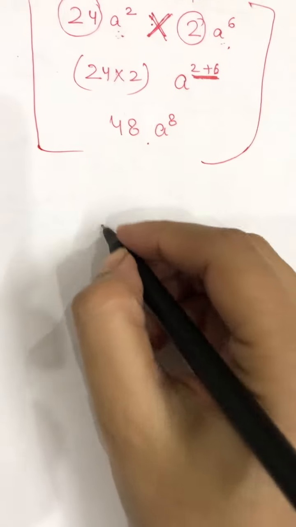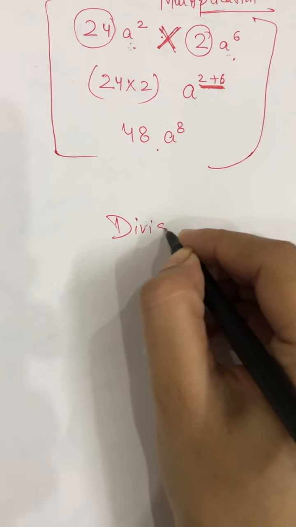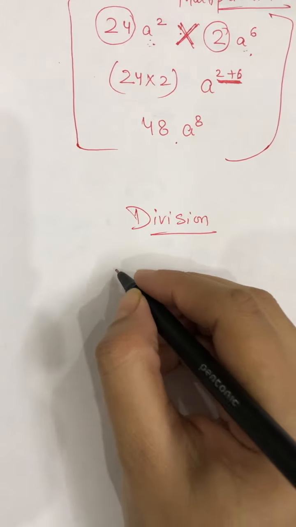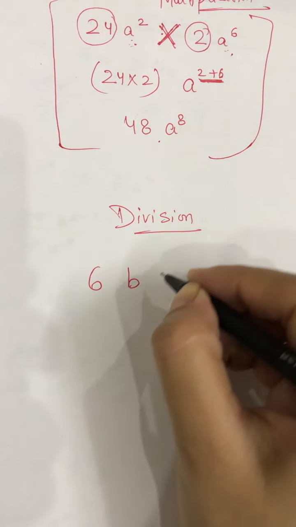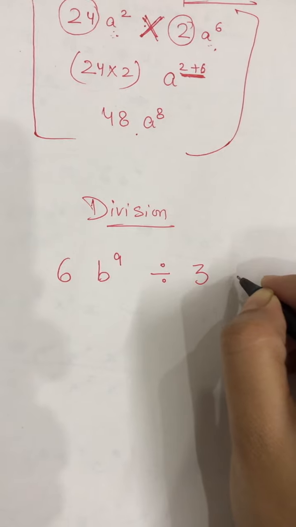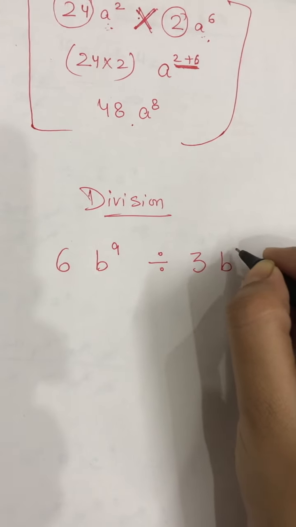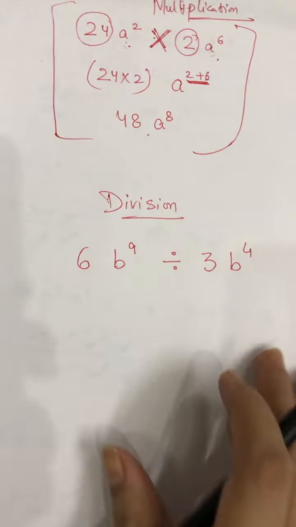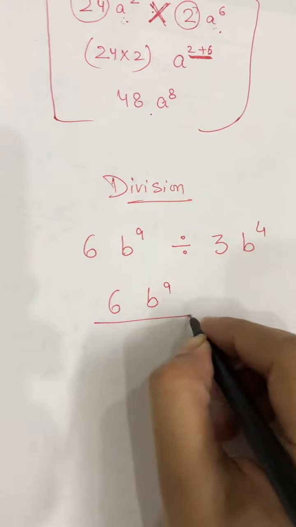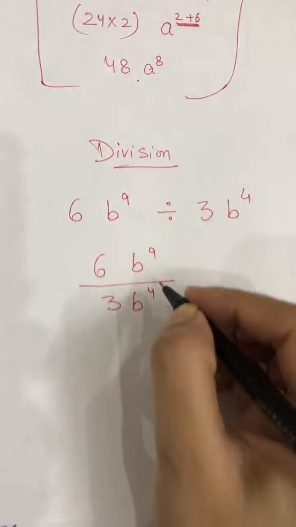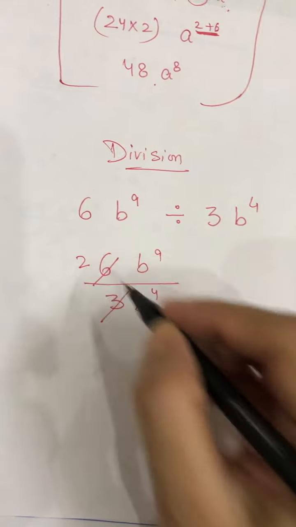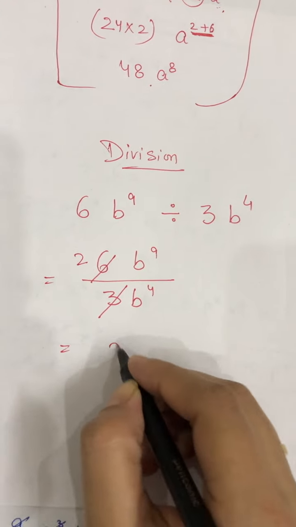Now come to the case of division, which we are doing right now. Suppose you have 6b raised to power 9 divided by 3b raised to power 4. So how do you have to divide? 6b raised to power 9 divided by 3b raised to power 4. This constant and constant will get cancelled: 3 twos are 6, so 2 is coming.